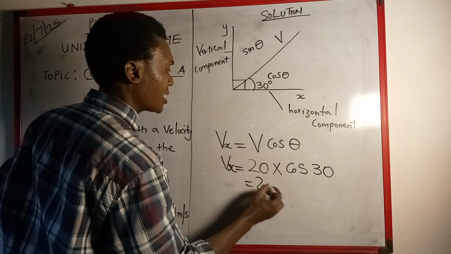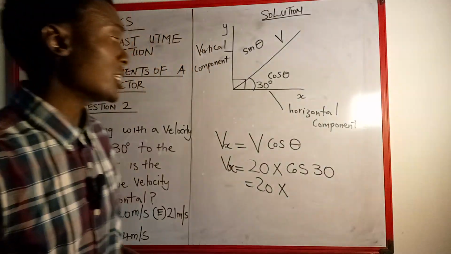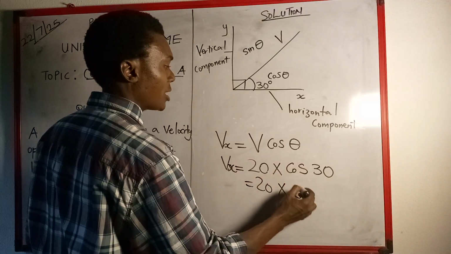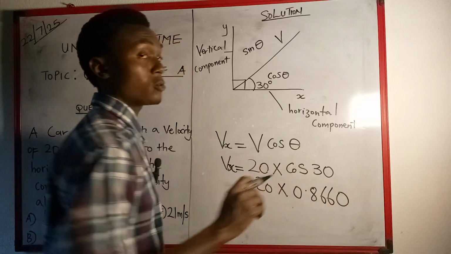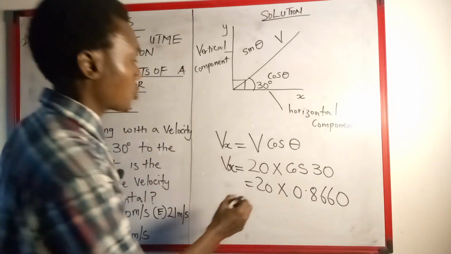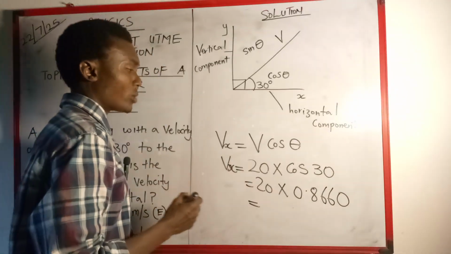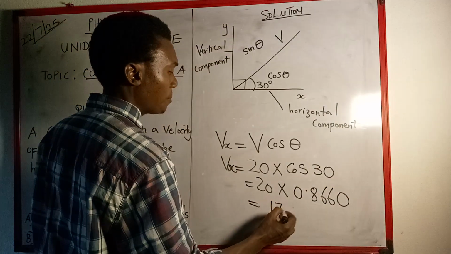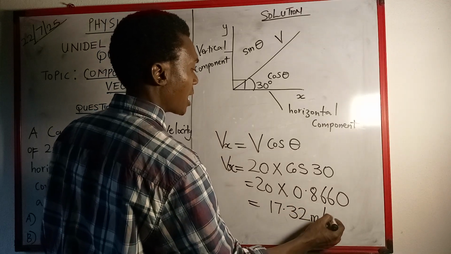So let's go. 20 times cos 30. If you use your calculator, cos 30 is going to give us 0.8660. When you multiply 20 times 0.8660, you're going to have 17.32 meters per second.